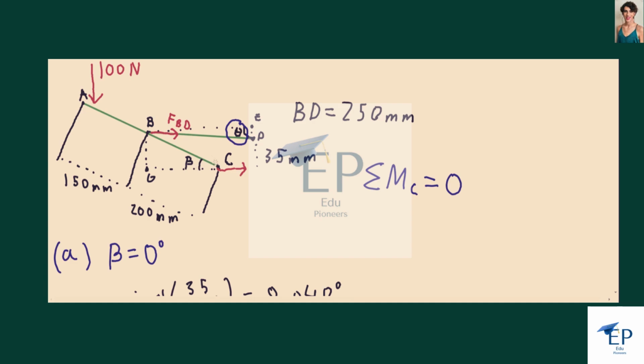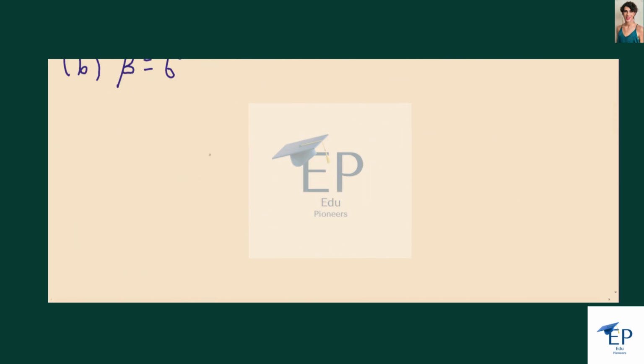So we're going to find lengths from C to G, and we're going to find lengths from E to D. To find our length from C to G, we can set this equal to 200 times the cosine of the angle beta.